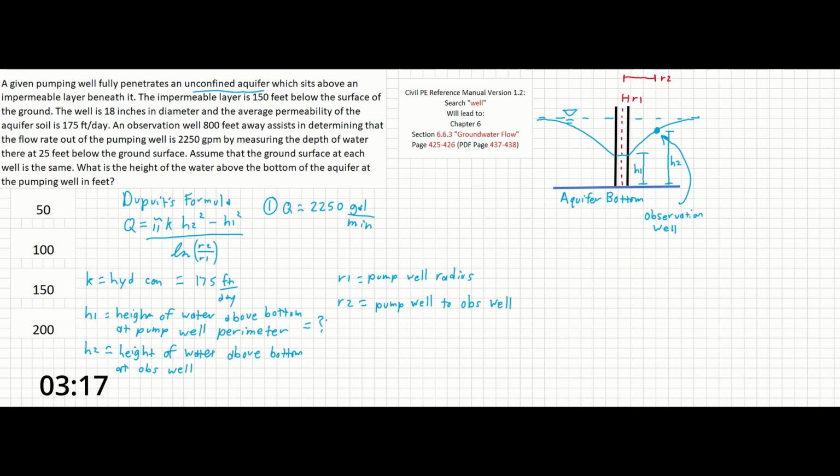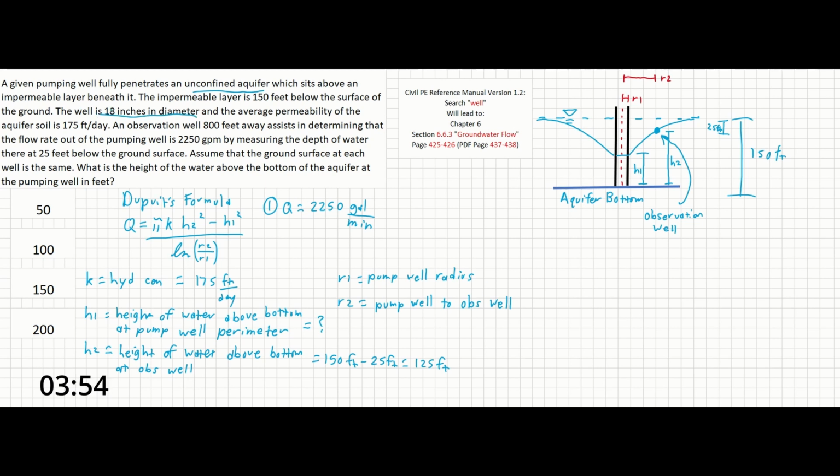Height 2 is going to be given as the difference between the depth below the surface of the ground, so this entire length, minus the depth of the water below the ground surface at the observation well, equals 150 feet minus 25 feet equals 125 feet.